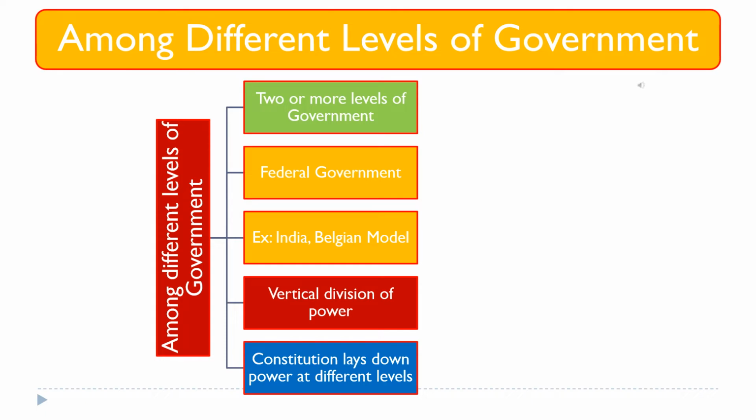So it is like power is divided vertically. In this case, the Constitution lays down power at different levels. The Constitution fixes what would be the power of the central government, what would be the power of the state government, and further other governments.